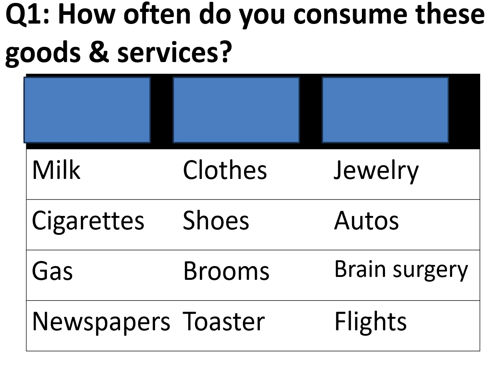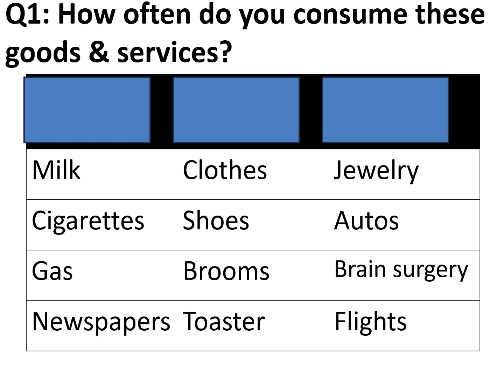Now here I have flights in this kind of third category. So it may be that you fly more frequently than you need a new toaster. I would hope that you fly more frequently than you need brain surgery. And it could be that actually people fly more frequently than they need a new automobile or jewelry as well, right?